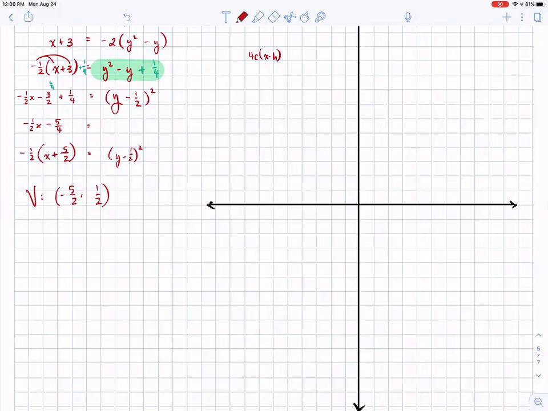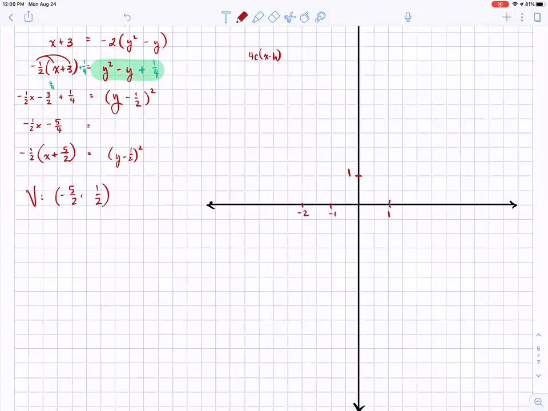Tell you what, when you're graphing, probably the easiest thing to do is to go by blocks of 2. So every unit, I'm going to assign 2 blocks. Tell me then, how many blocks do I have to go to get to -5 halves? 2.5, so how many blocks is that? 5 blocks.